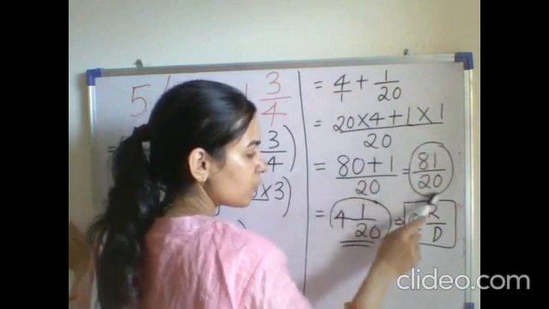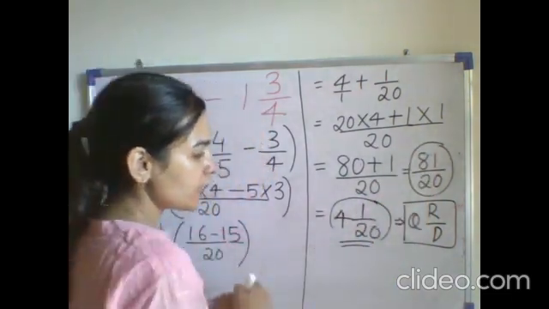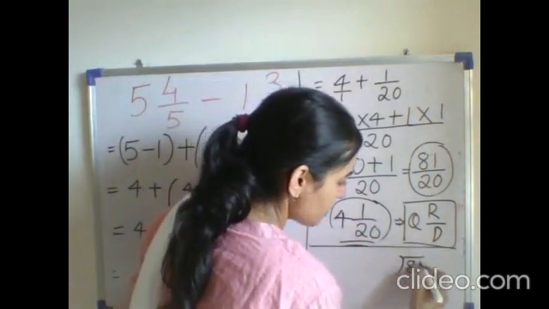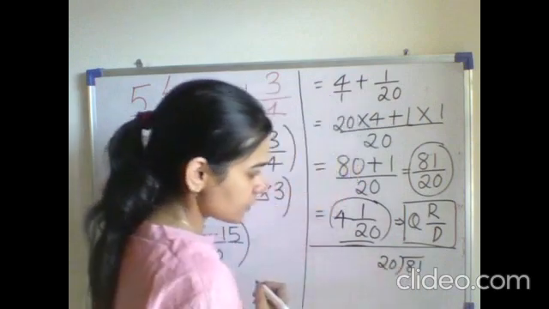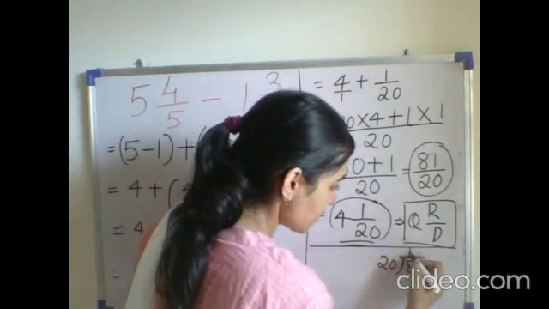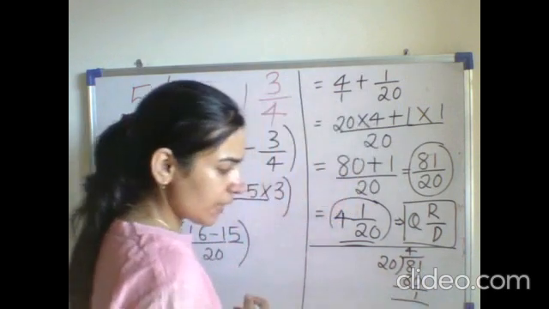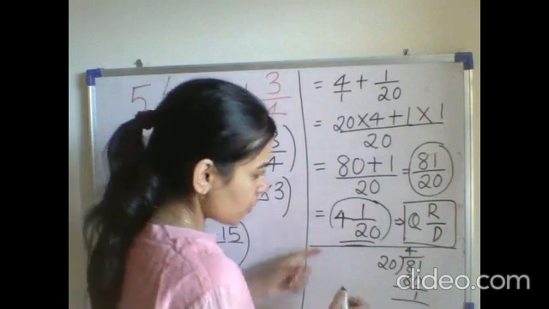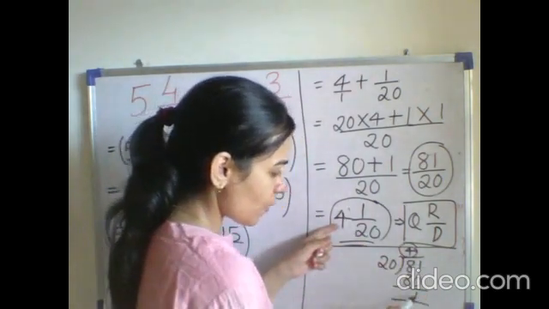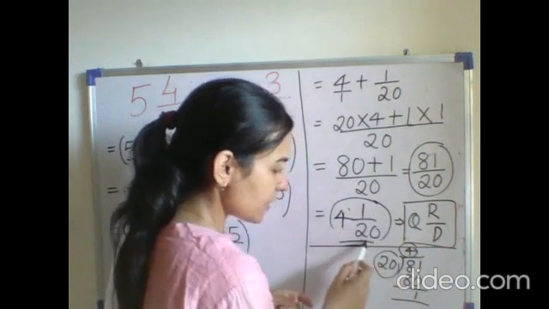So we have to convert this into a mixed number. We divide 81 by 20. 20 4s are 80 and 1 is the remainder. So the quotient is 4. We have written here 4 as the quotient, 1 is the remainder, and 20 is our divisor.